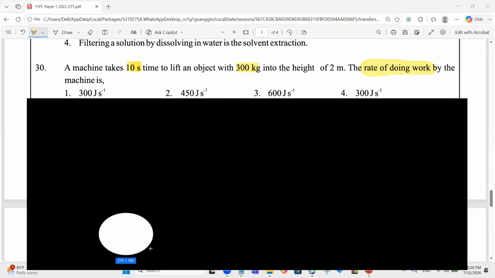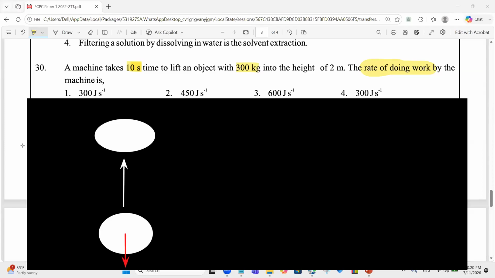Think, you are lifting this object to a certain height. What is the information given? Its mass is 300 kilograms, but the mass is not necessary. We need to know the weight of it.